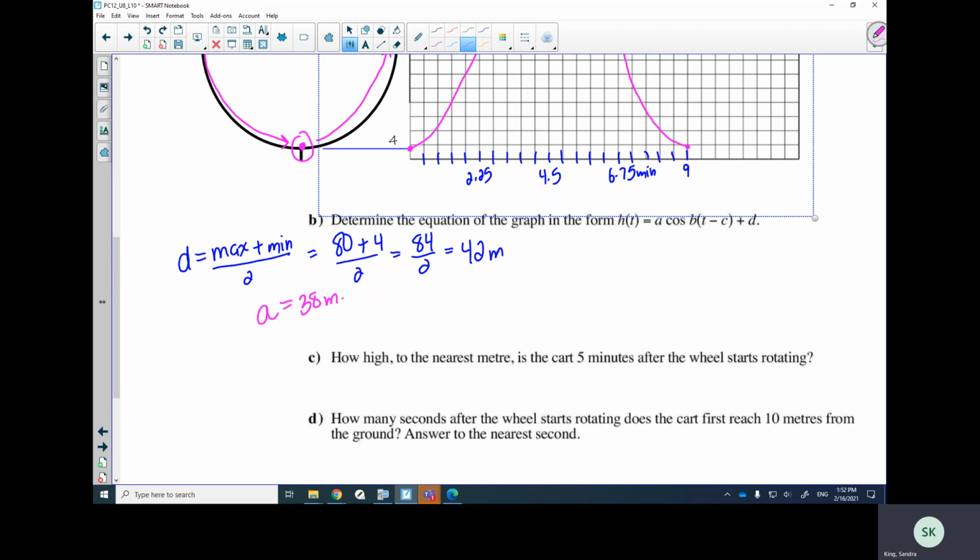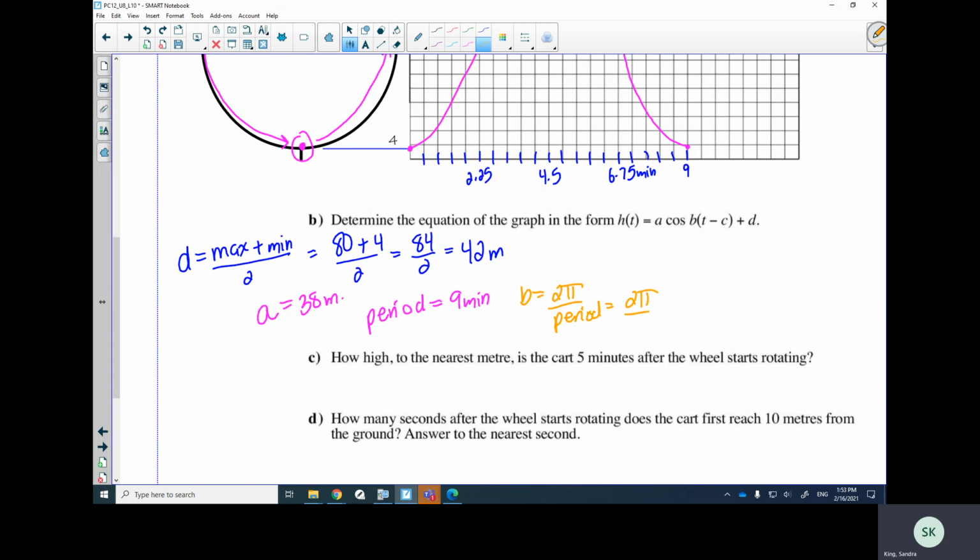I know that the period is 9 minutes. And what period is used for is the B value. So the B value is 2 pi divided by period. It is 2 pi divided by 9. I can't simplify, that's my B value.